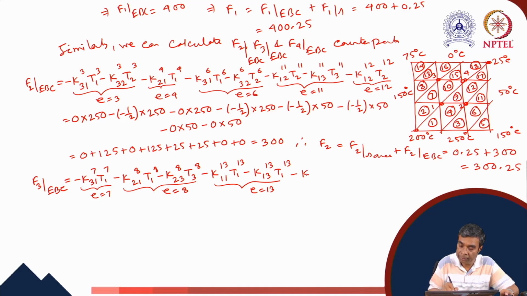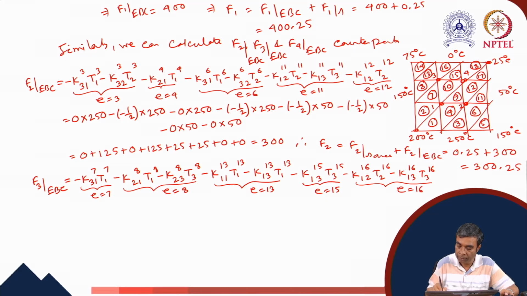So minus K, I is 1, so K1315 T315. This is for E equals 15. Minus K1216 T216 minus K1316 T316, E equals 16.